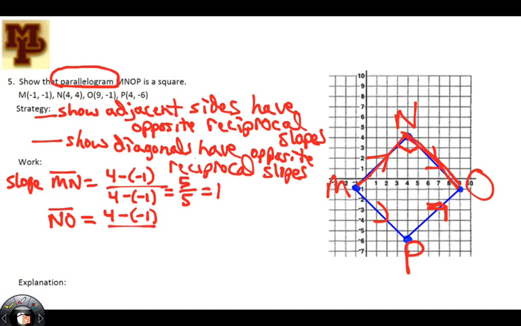And then again, it doesn't matter which one you do first, you just have to be consistent. So 4 minus a negative 1, and then I'm going to do 4 minus 9. So that's going to be 5 over negative 5, which is negative 1. And look at those, they're opposite reciprocal slopes. So that's what gives us a 90-degree angle right there.